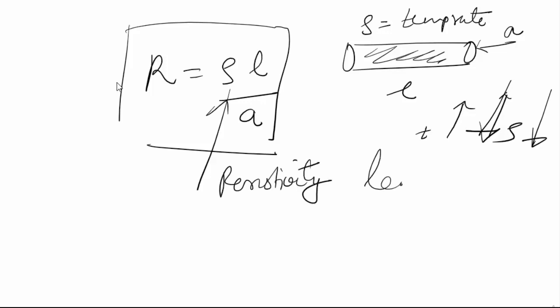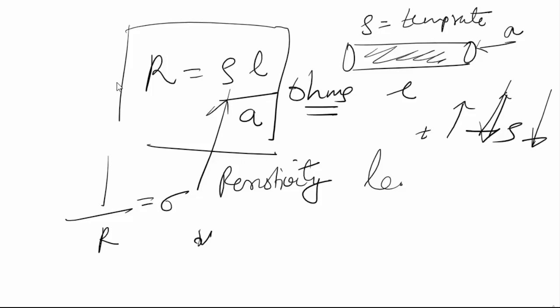Again, the inverse of resistance is known as conductance, and the unit of resistance is ohms, while the unit of conductance is mho.